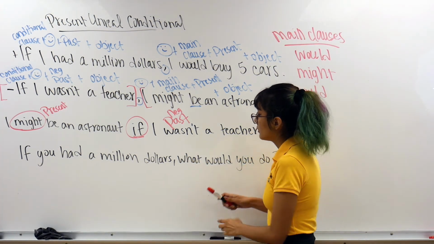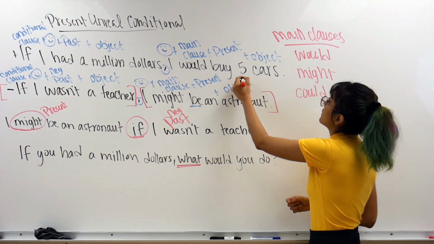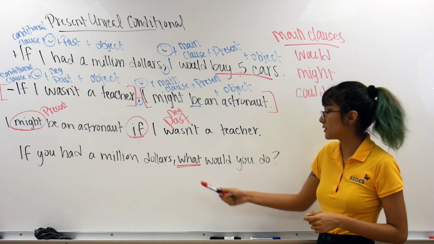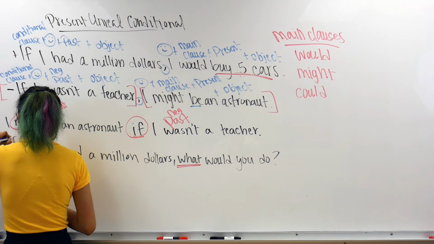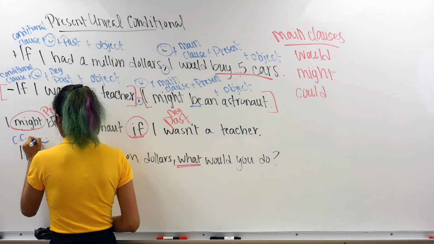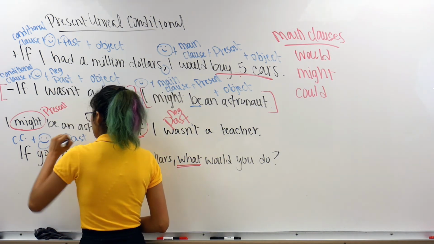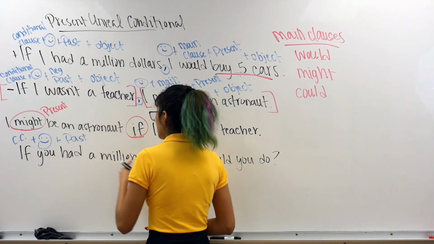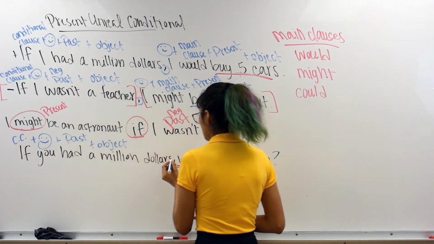Here, the what that you are looking at is this. This is your answer. Buy 5 cars. This is the what. So here you still have if, your conditional clause, you, which is your subject or your person, had, which is your past. See how my conditional clause and my past stay together? $1 million, which is my object. Again, comma.